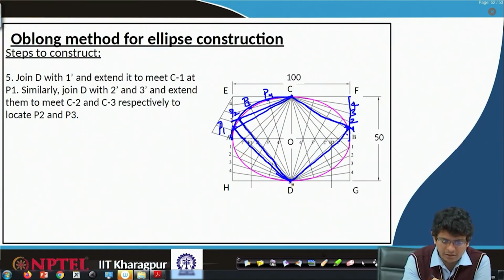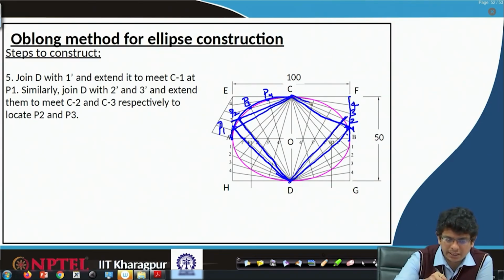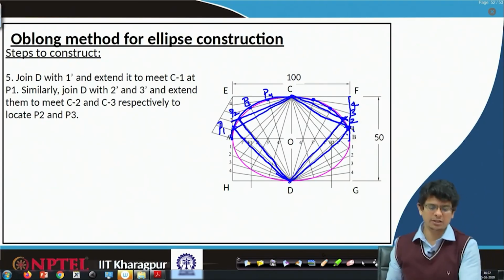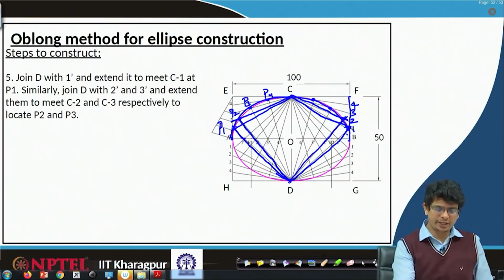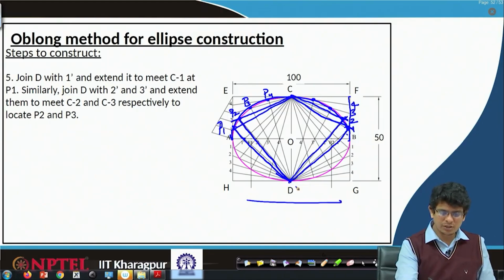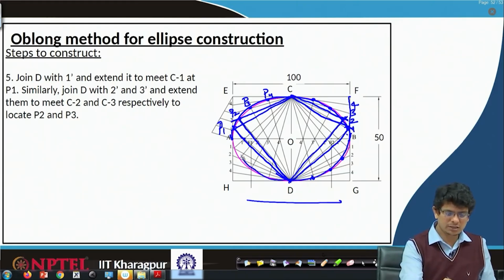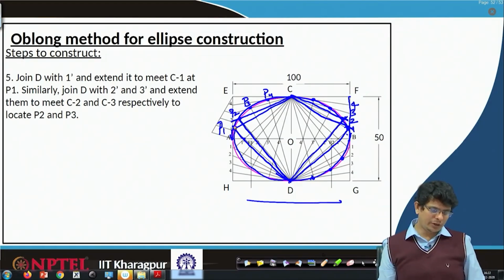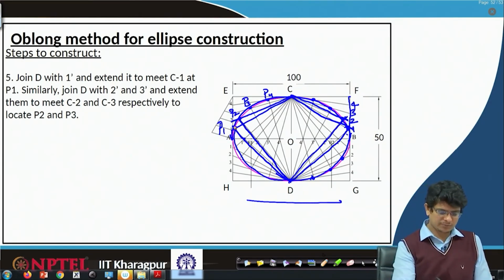Then from D go via 2 prime, and similarly C via 2, wherever it intersects, P2. So, identifying these top portions also, one will be in a position to construct that. The same procedure one has to repeat for this part also, so that one will be in a position to identify these points and construct this curve.